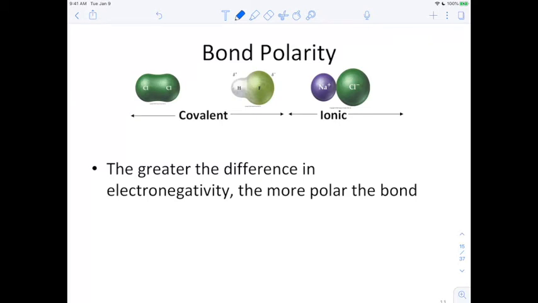So the greater the difference in electronegativity, the greater their dipole moment would be, and the more overall polar they will be. And if they have a large enough difference, that's when they become ionic. So in other words, here's the nice even sharing. There we go, nice even sharing. Somebody's taken a little too much, someone stole it. So those are our 3 categories. So any questions on anything here?